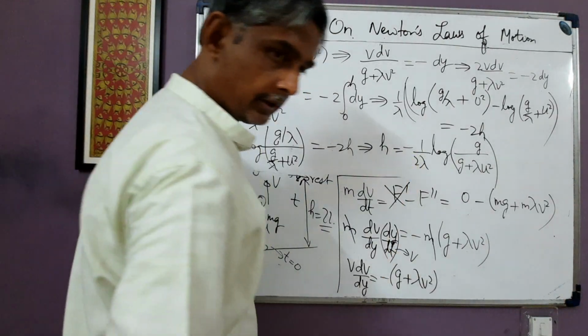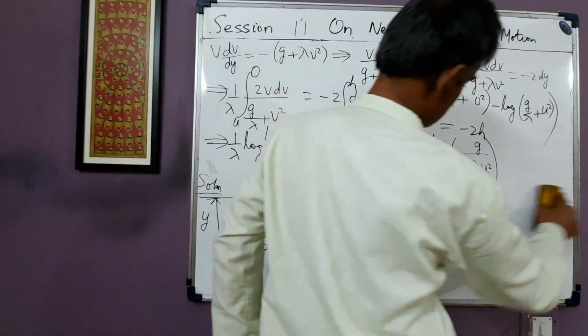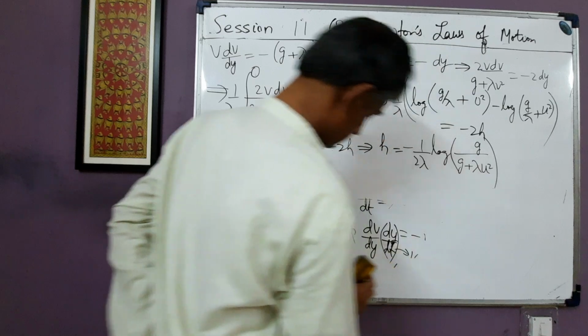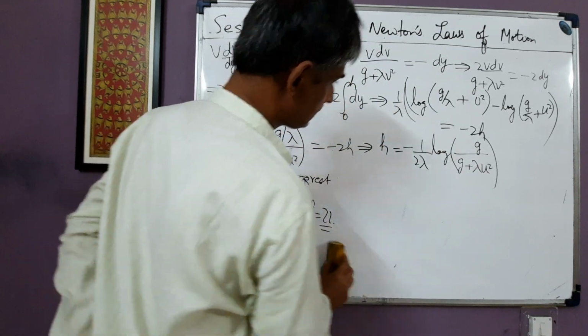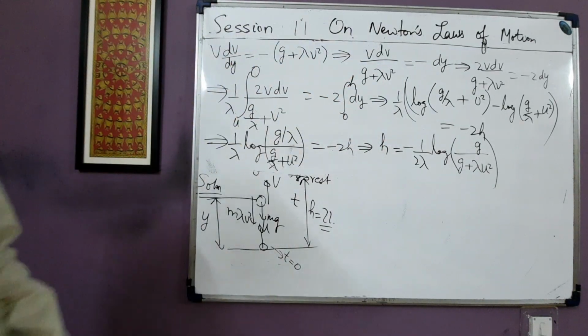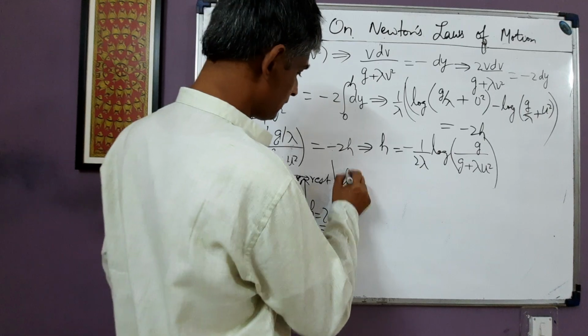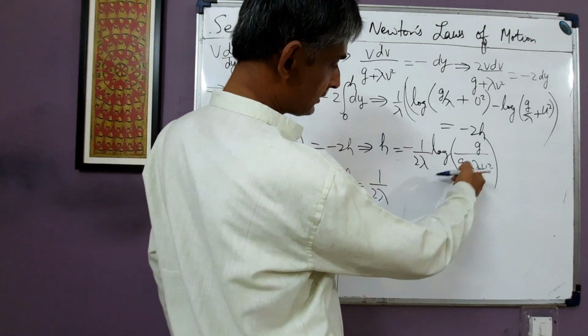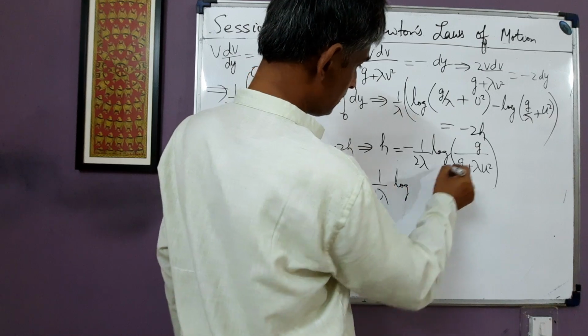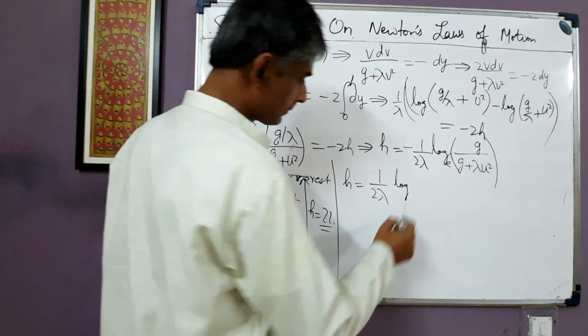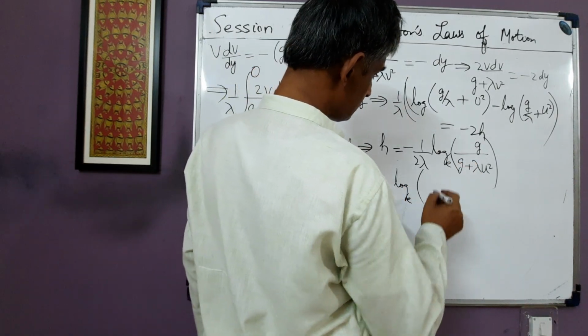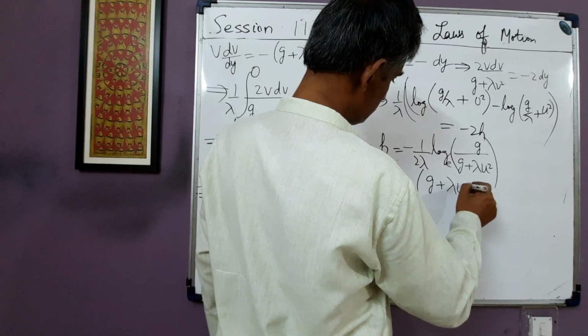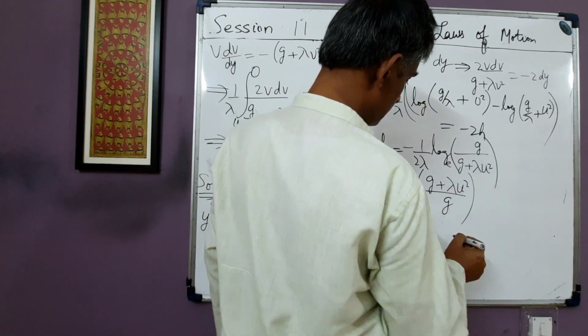So this becomes h equal to 1 by 2 lambda; if we replace the minus sign, then the log gets inverted. This log is the natural log. This becomes g plus lambda u square by g.